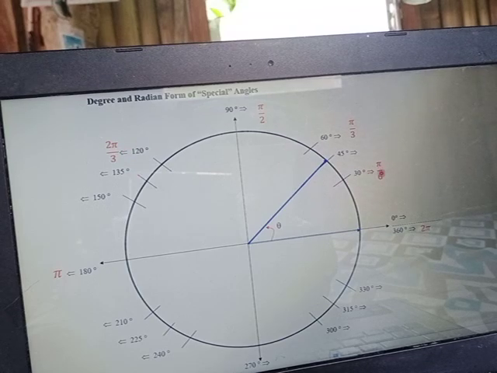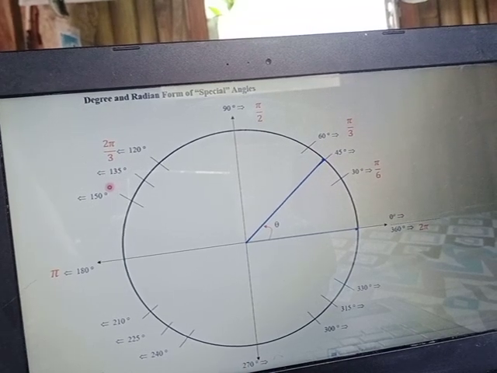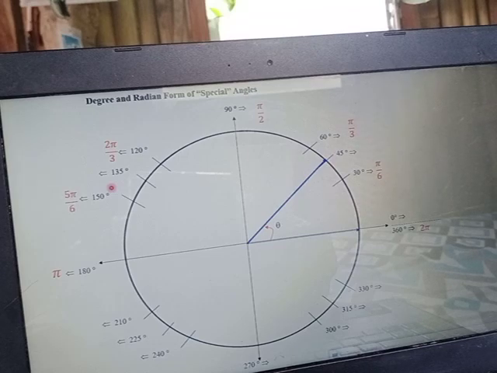This is 1 pi over 6, 2 pi over 6, which is equivalent to pi over 3, 3 pi over 6, which is equivalent to pi over 2, and then this is 4 pi over 6, which you will have to simplify, 2 pi over 3, and then 150 degrees, this is 5 pi over 6, and then this is 6 over 6, or simplify.